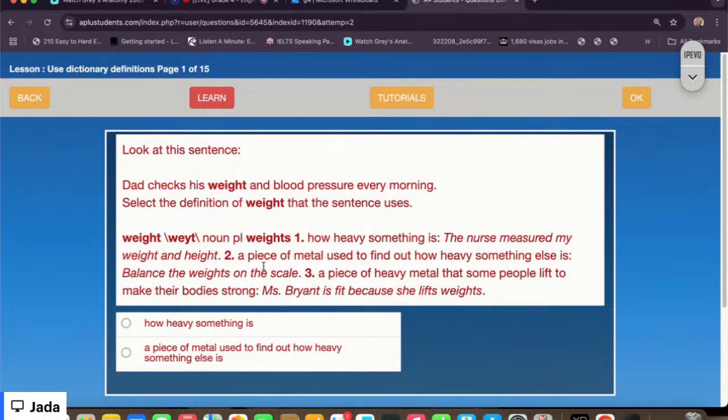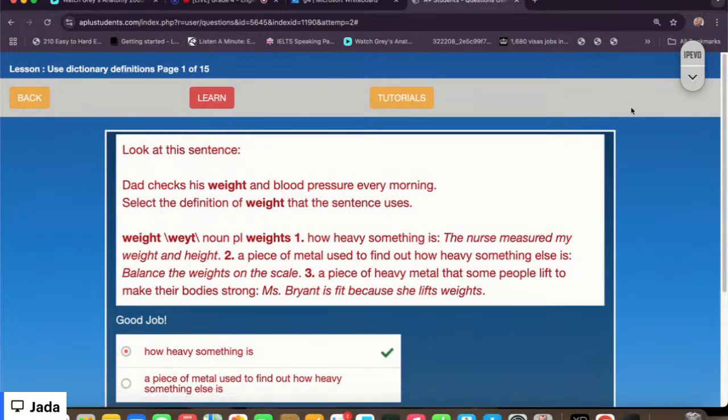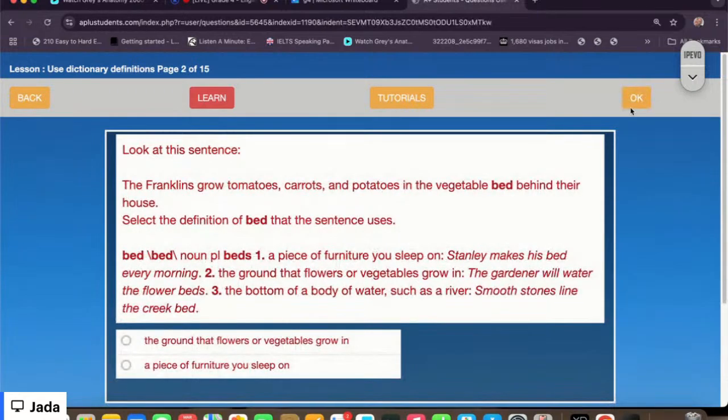Can you tell me? So option one, that's correct. So how heavy something is, right? It's just like when you get on the weight scale to check your weight.